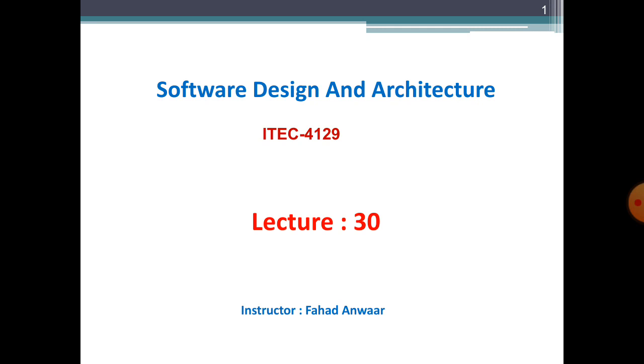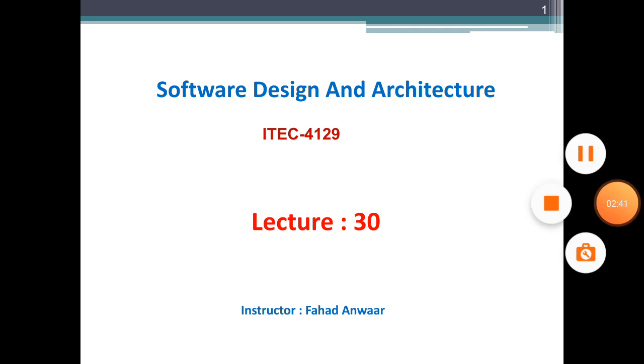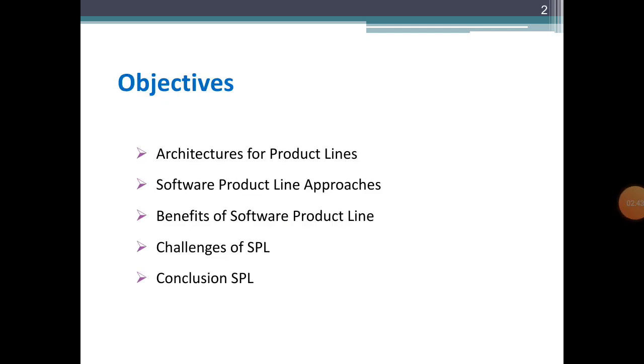So students, let's formally start today's lecture. These are the objectives of today's lecture. In this lecture we will discuss the architecture for product lines. We will also see an important topic, software product line approaches: what are the different approaches utilized by the industry to adopt the software product line.